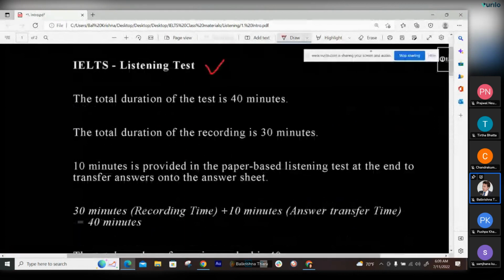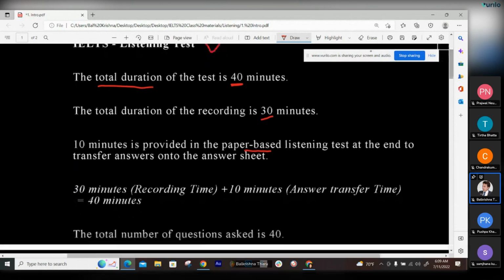Listening test. The total duration of the test is 40 minutes. The total duration of the recording is 30 minutes. 10 minutes is provided in the paper-based listening test at the end to transfer answers onto your answer sheet.